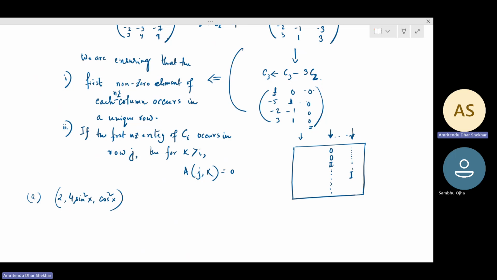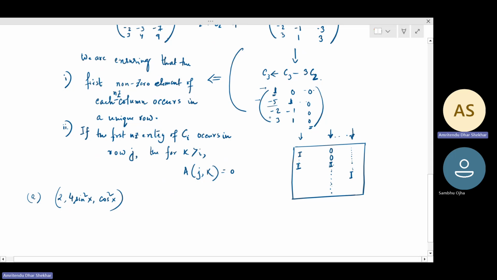But notice that if you have an element over here which is non-zero, this element over here might also be non-zero. It's not necessary that it has to be equal to 0, because the first non-zero element of this column is different from the first non-zero index of this column. So this condition is satisfied. Like for instance here, in this matrix, the first non-zero element for this column is in row index 1. For this, it is in row index 2. But the rest of this is actually non-zero, which is fine.